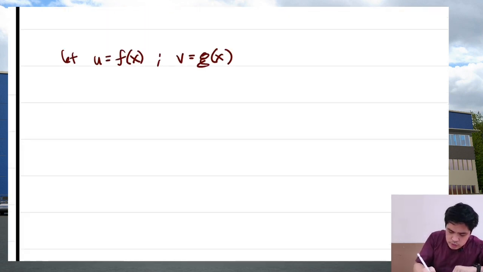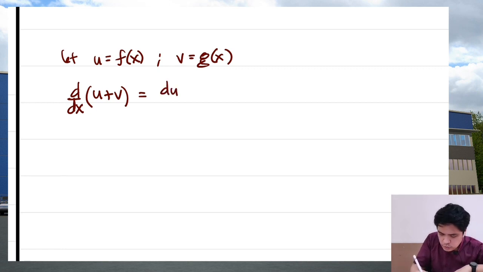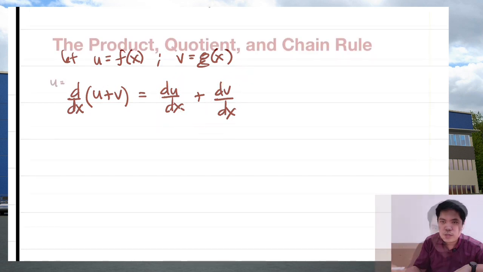So if you have a sum of two functions u plus v, the derivative of this, they are both having a variable x. The derivative of the sum of two functions is just equal to the sum of the derivatives of the individual functions. So we have du over dx plus dv over dx, or the derivative of the sum is equal to the sum of the derivatives.